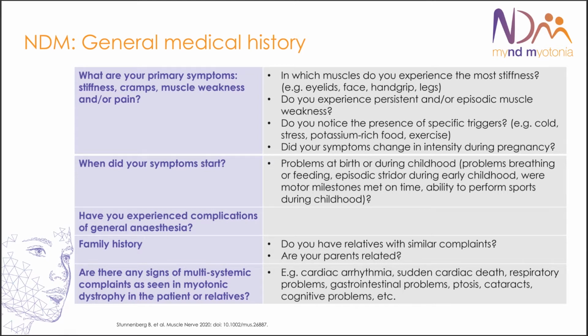Do you experience persistent and/or episodic muscle weakness? Do you notice, and this is very important, the presence of specific triggers, such as cold, stress, potassium-rich food, exercise, or menses? Did your symptoms change in intensity during pregnancy?